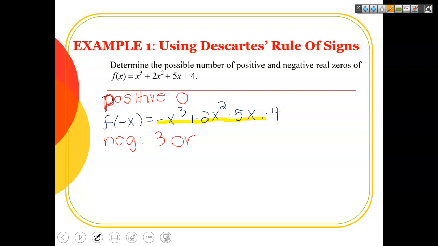So I can have 3 or 1 negative real zeros. And that means the imaginaries are 2 or 0. So if I have 1 negative, I have 2 imaginary. If I have 3 negative, I have no imaginary.